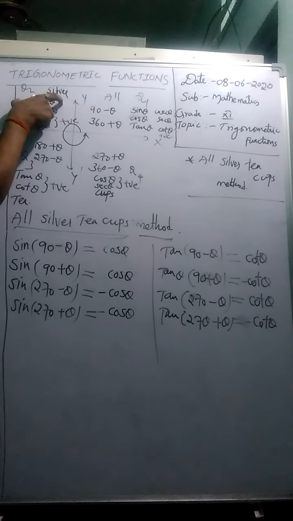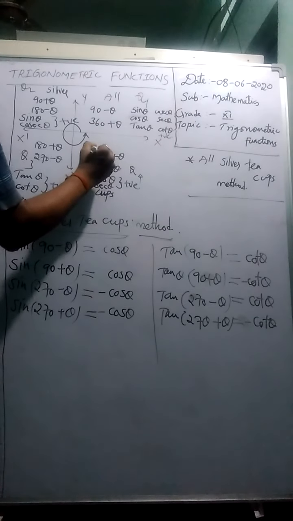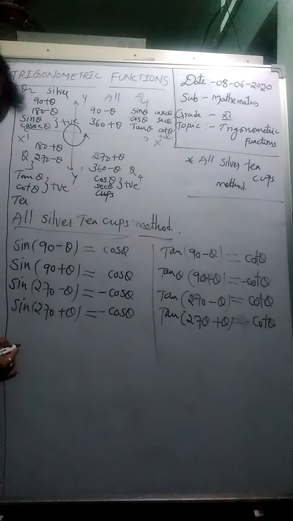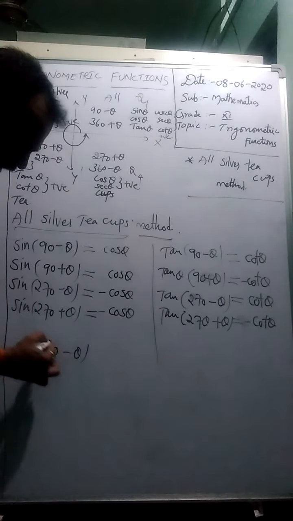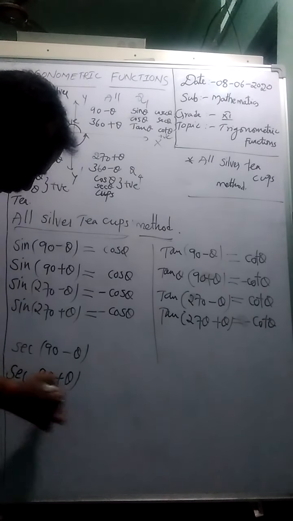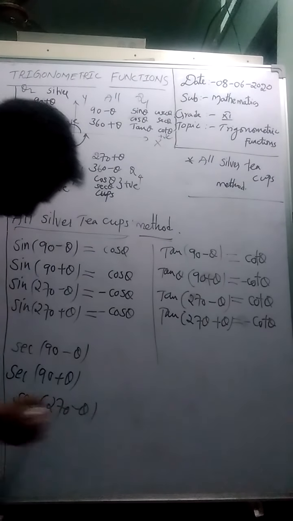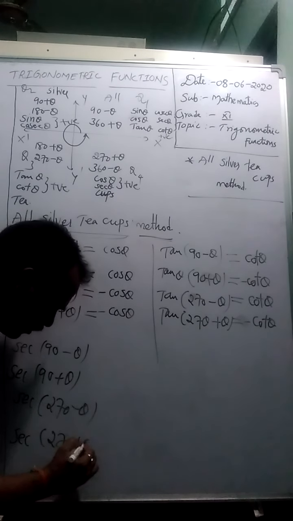Second case, in Q2, sine and cosecant are positive; Q3, tan and cot; secant and cos are positive in Q4. From that, we can decide the ratio, I mean how it changes. If you come to secant theta, secant 90 minus theta, secant 90 plus theta, secant 270 minus theta, secant 270 plus theta.